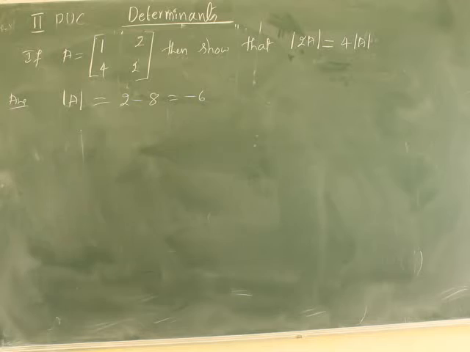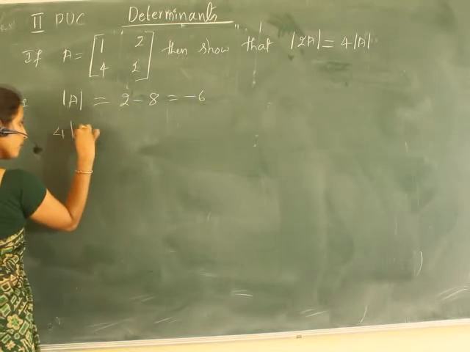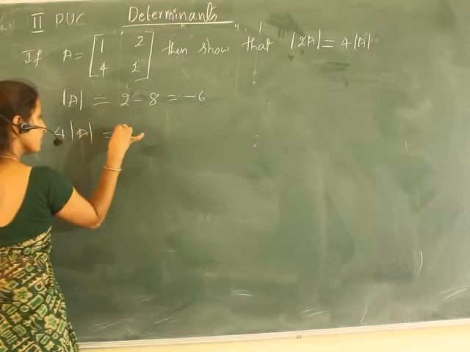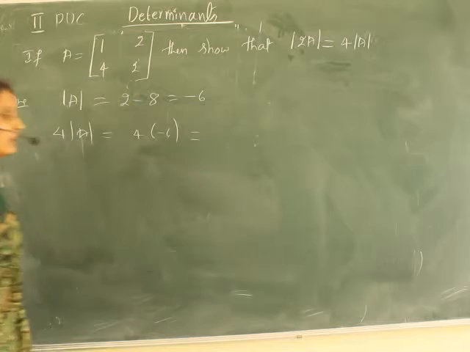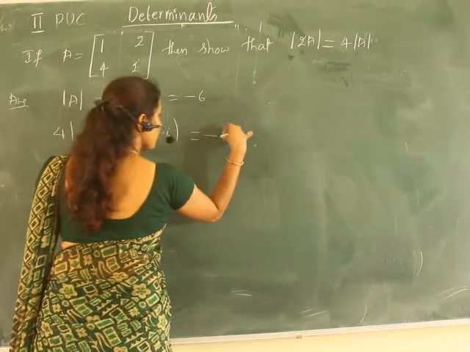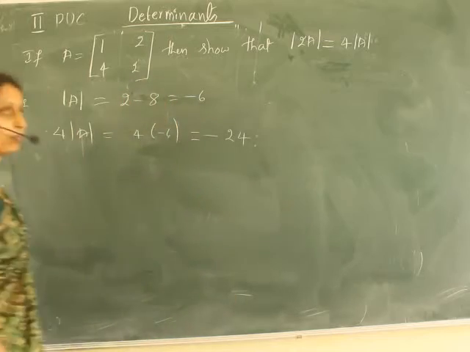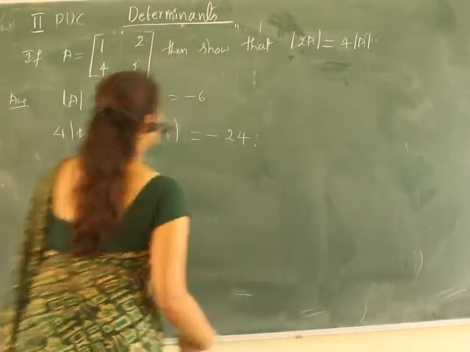Then after that 4 into determinant of A. 4 into determinant of A will be 4 into minus 6. So this will be minus 24.